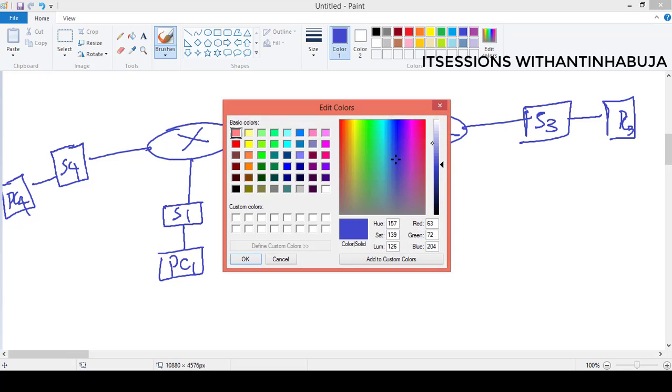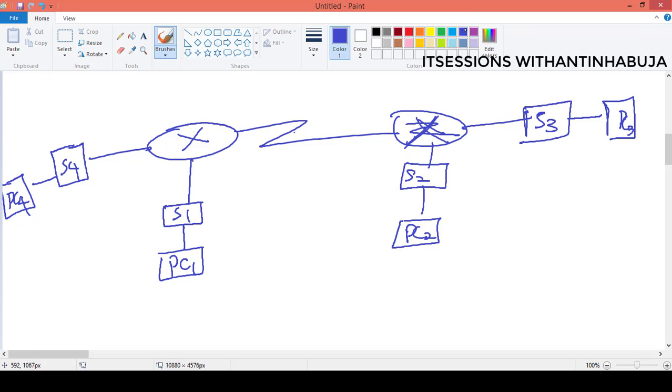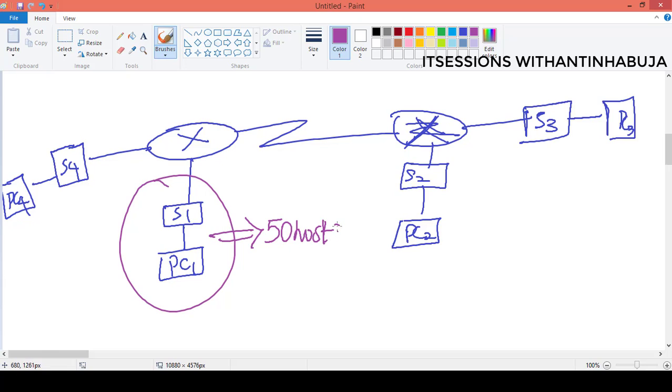Let's assign usable numbers of hosts to this. For this network here, let's say we have 50 hosts. For this network here, we have, let's say, 70 hosts.